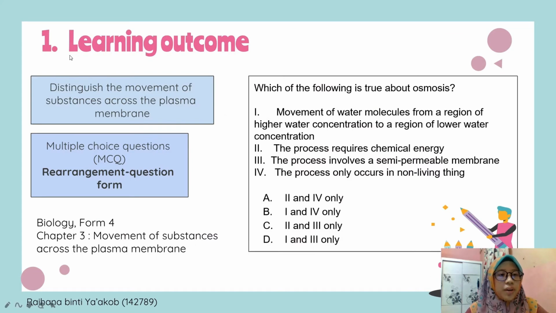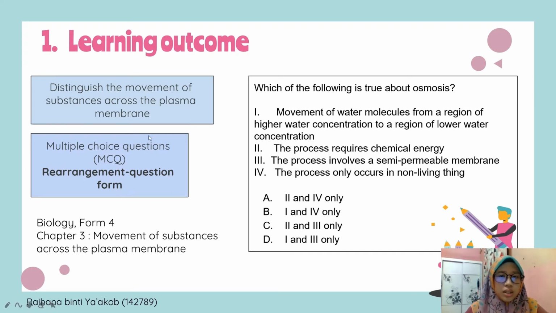Okay, for the first learning outcome, the questions are taken from Biology Form 4, Chapter 3, Movement of Substances Across the Plasma Membrane. This type of question is a multiple choice question in rearrangement question form.